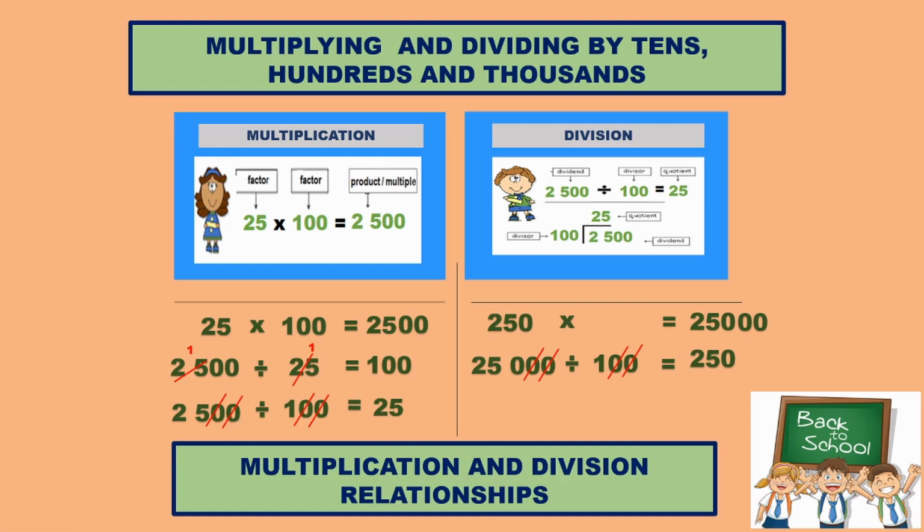So again, you will divide because you are looking for the number of groups. 25,000 divided by 250 is equal to... now look, always look at the divisor. See, this is the divisor and this is the dividend. The divisor has only one zero. So that means you can only cancel one zero here. So what are the remaining numbers?